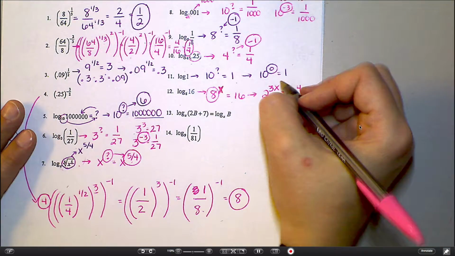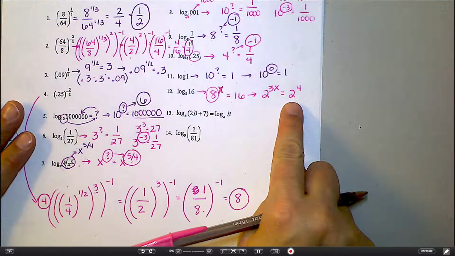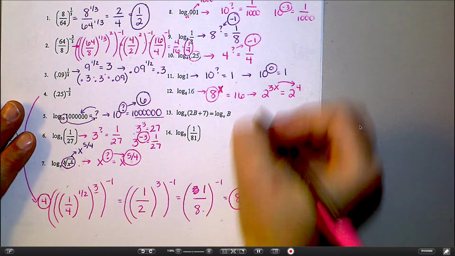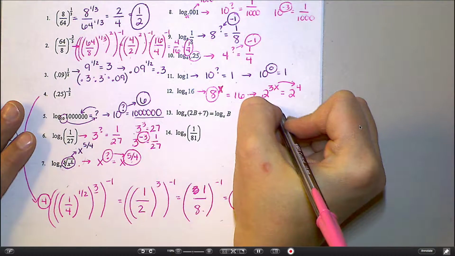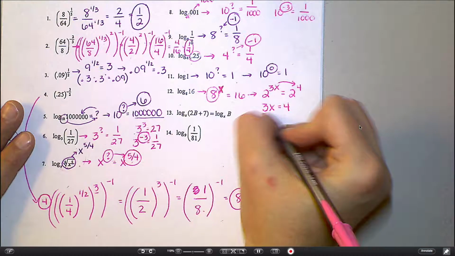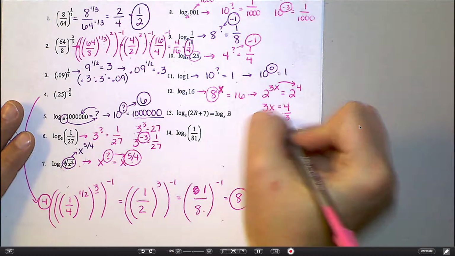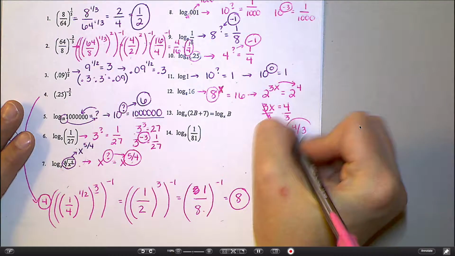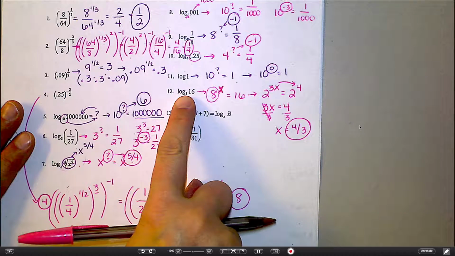Okay? So now I know, because I've got the same bases on them, 3x must equal 4. And then I just solve for x. I divide by 3 on both sides, and x is equal to 4/3. So that there was your answer to number 12.